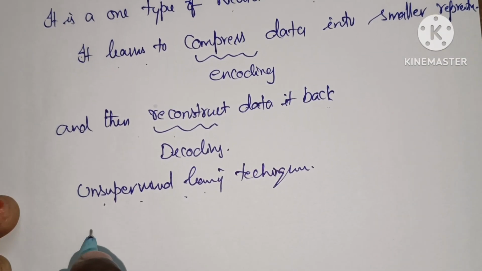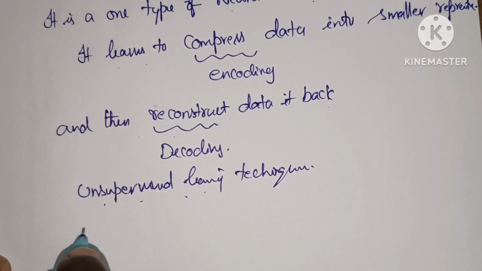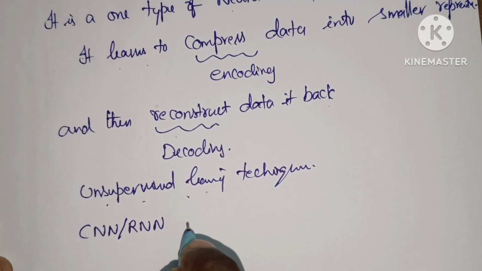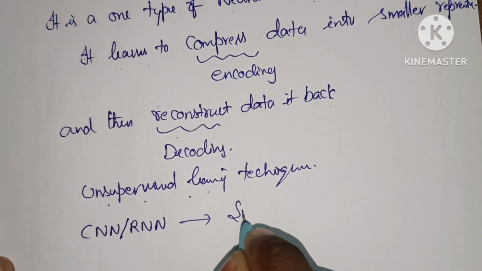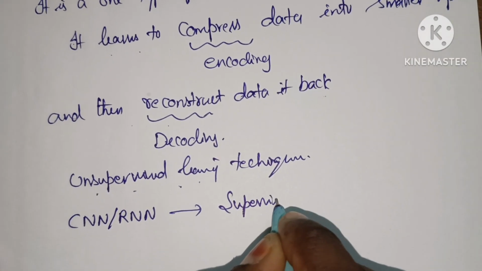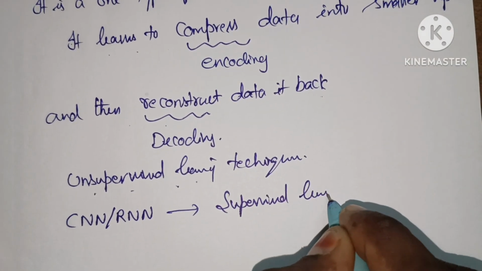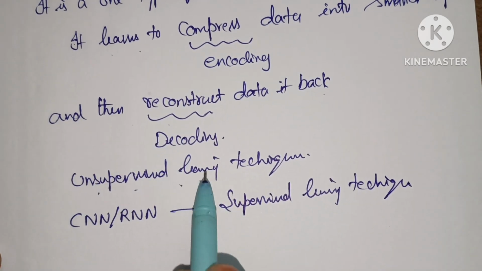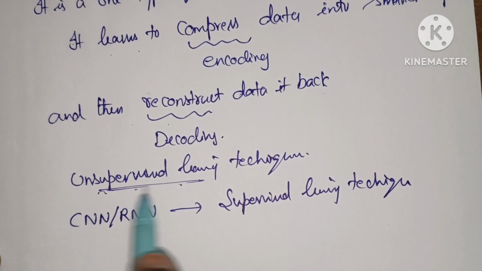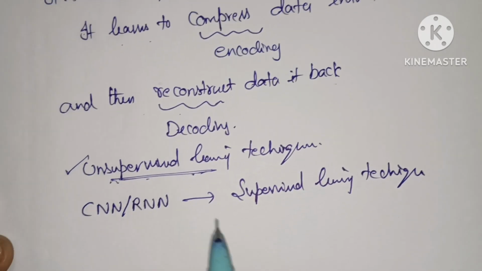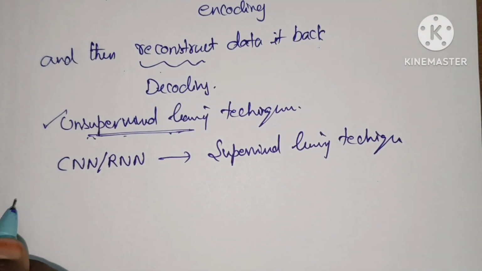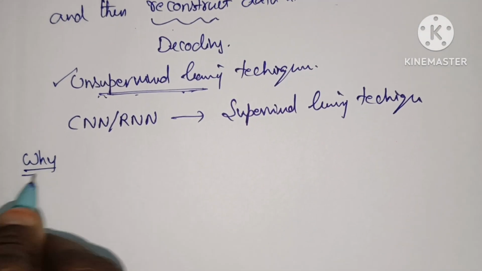Till now, in the last videos, we mainly focused on CNN and RNN, which are mainly supervised learning techniques. But here this is completely the reverse: unsupervised learning. So that's why we raise this point. Is it clear? Okay.